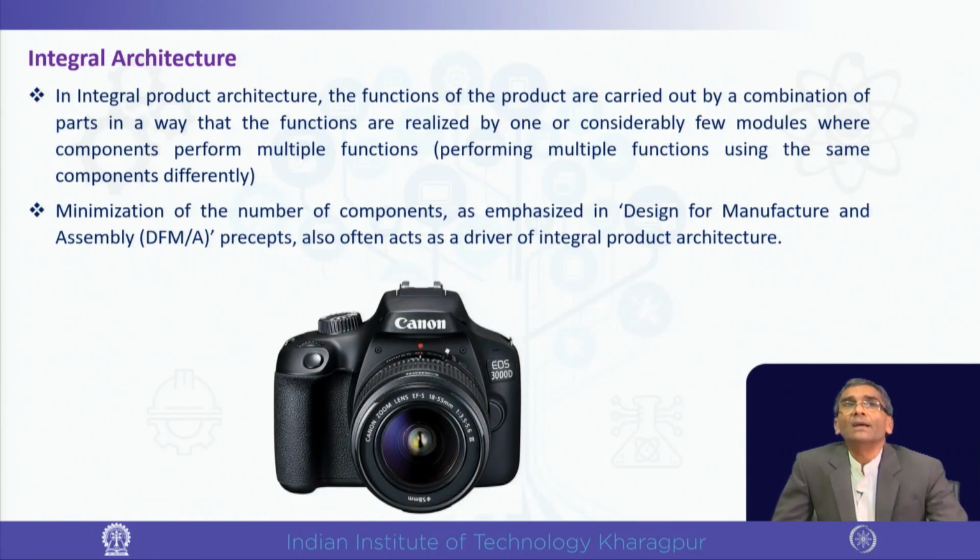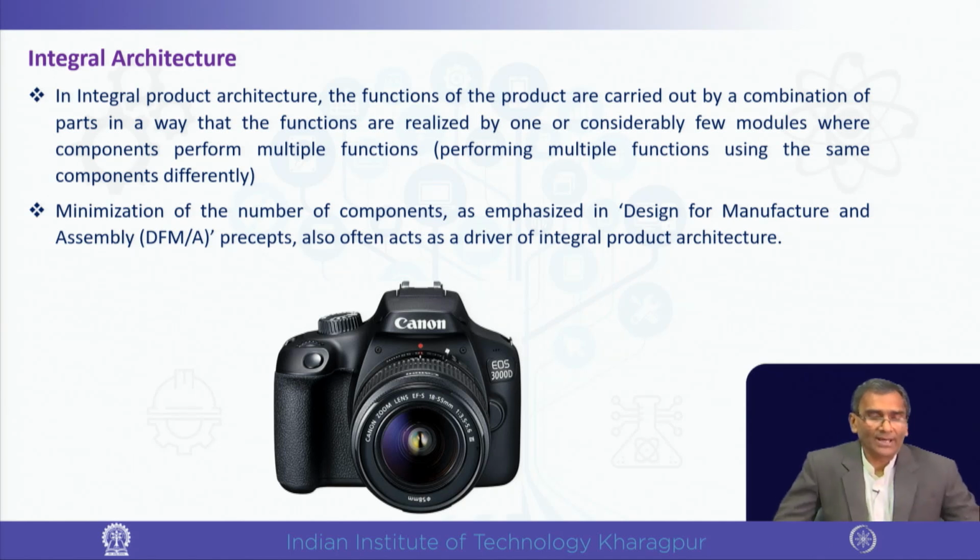And this is one example of an integral architecture, where the functions of the product are carried out by a combination of parts in a way that the functions are realized by one or considerably few modules.